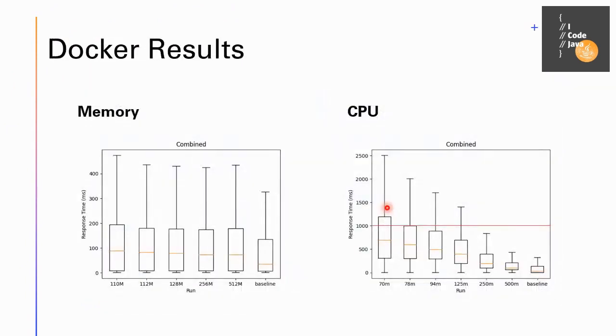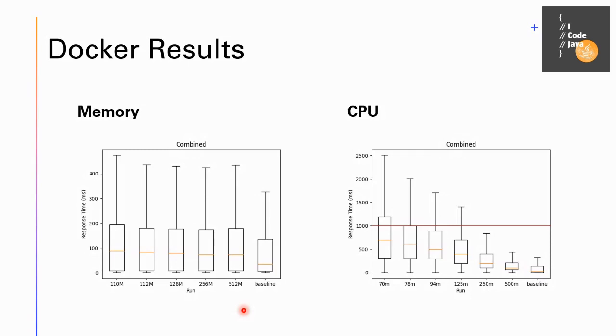So I ran the tests, and I started with memory, starting with 512 megabytes. Now, the slight difference is that this is 512 megabytes for the entire container. So we're not just talking heap memory now, we're talking about the entire container. So it's a bigger constraint.